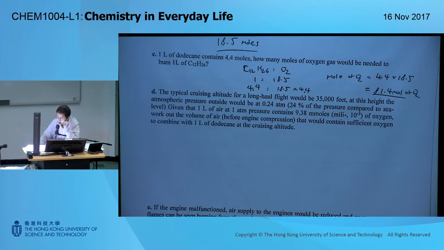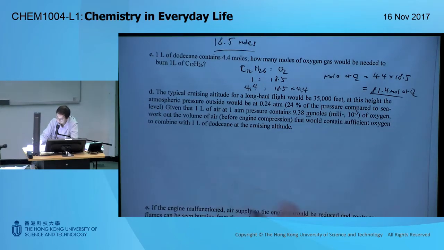Given that 1 liter of air at 1 atmosphere contains 9.38 millimoles of oxygen, which is 21% oxygen, work out the volume of air before compression by the engine that was needed to burn 1 liter of dodecane at cruising altitudes.